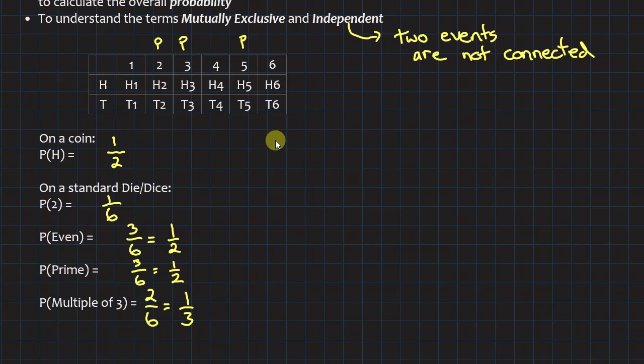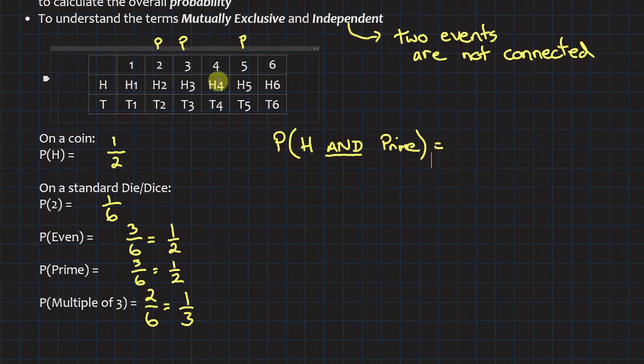So let's look for the probability of a head and, that's the word and, a prime. So head and prime. We know by using our table that heads is anything in this top row and prime are any of these three.